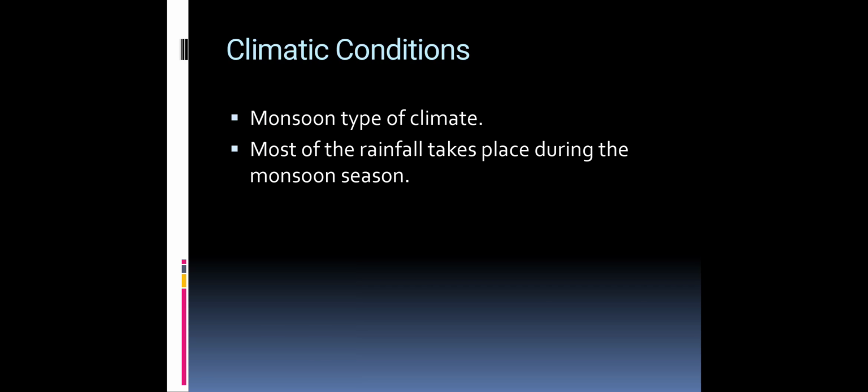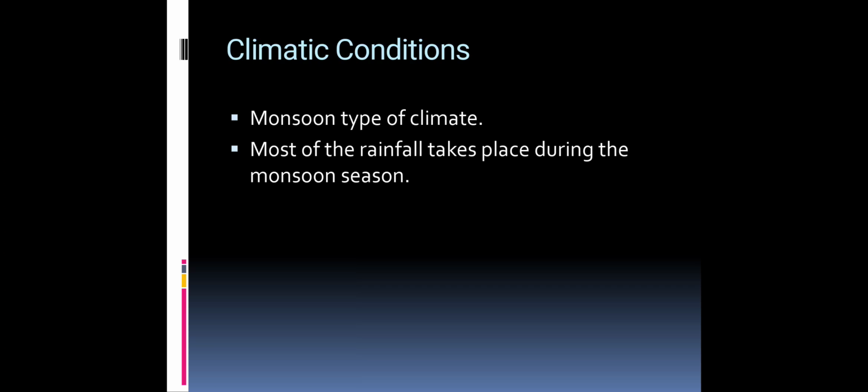Then we discussed the climatic conditions, where I told you that here the monsoon type of climate is there. This region experiences monsoon type of climate, which means hot summers, wet monsoons and cold winters. Clear?